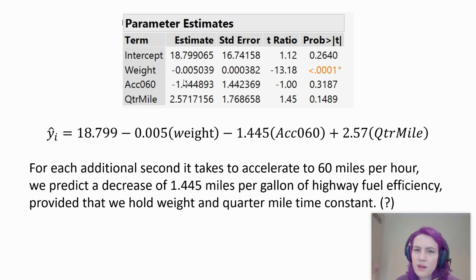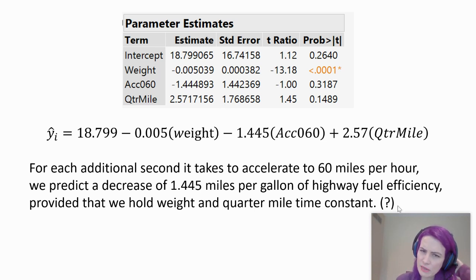So if we were using our template for interpretation of a partial slope, we'd say that for each additional second that it takes to accelerate to 60 miles per hour, we predict a decrease of this much in our highway miles per gallon, provided that we hold the other predictors, the weight and the quarter mile, constant.